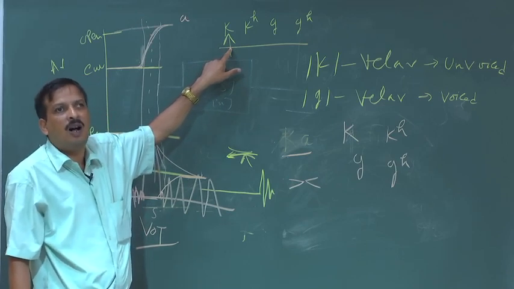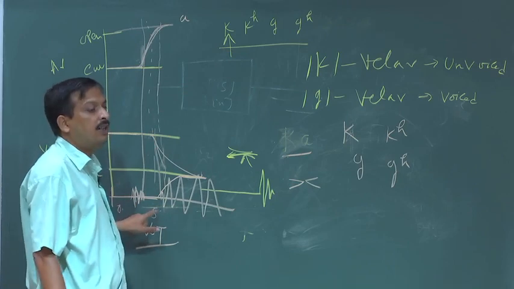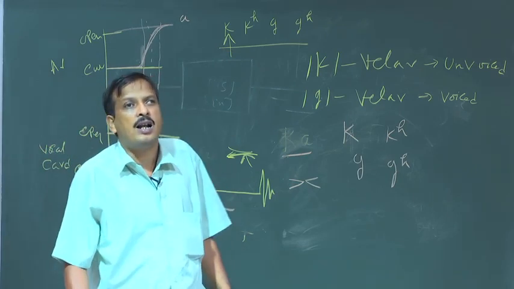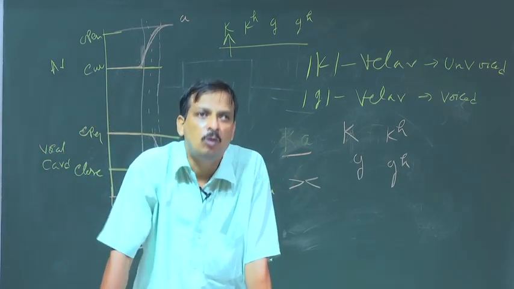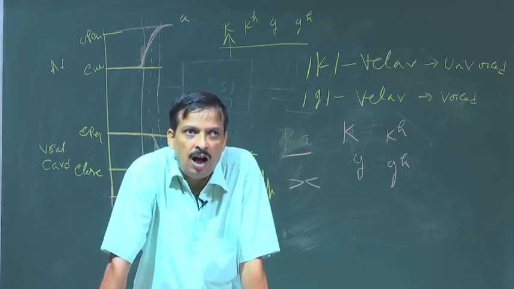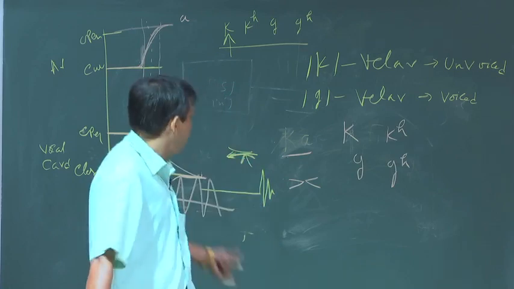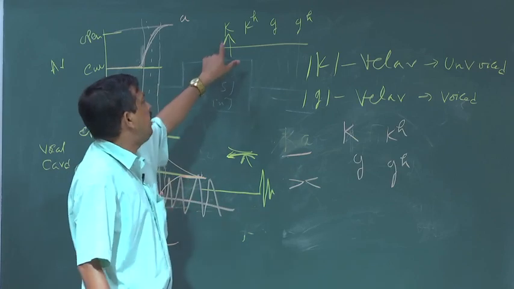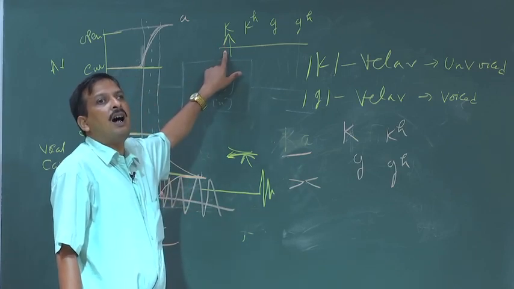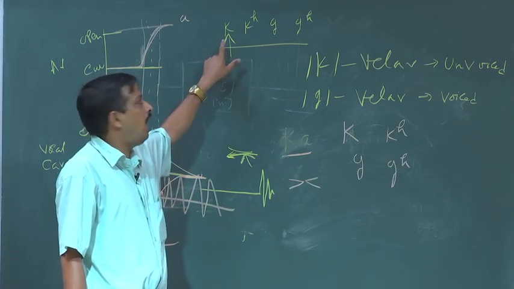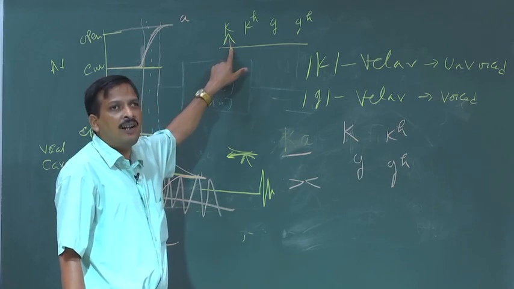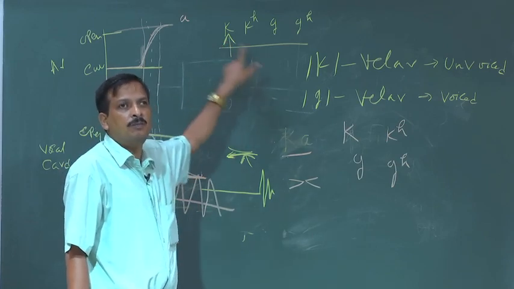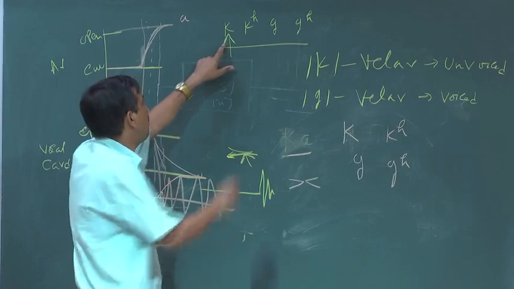So, there is no voicing during the occlusion, that is why it is called unvoiced velar plosive. Since VOT does not carry any aspiration, it is called an unaspirated sound. So, unvoiced, unaspirated, velar, plosive. This is the explanation of ka.